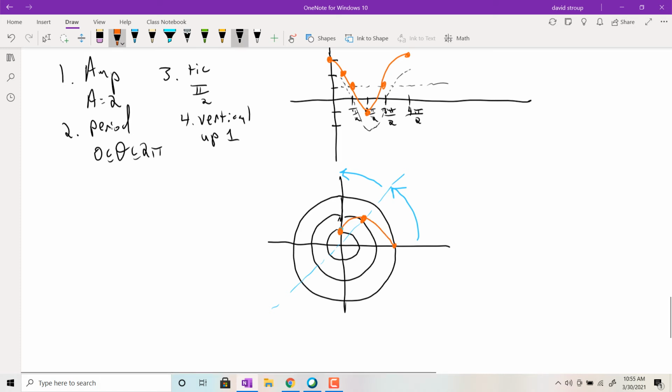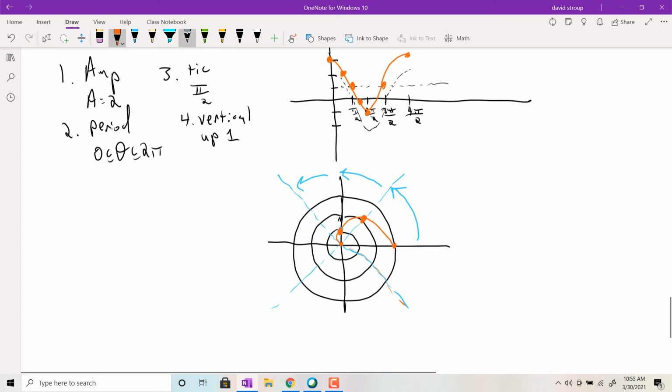And then from pi over 2 to 3 pi over 4, that rotation, looks like it's hitting 0 around there somewhere. So it hits in here somewhere, maybe.